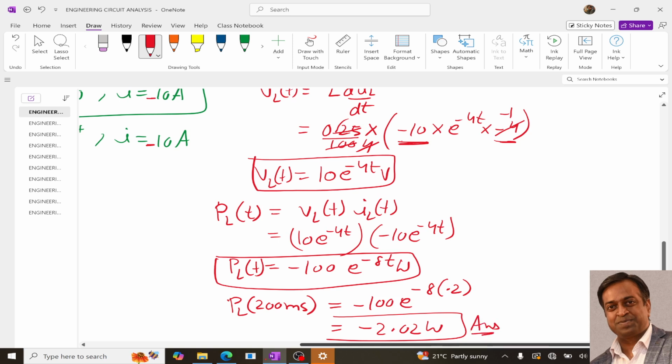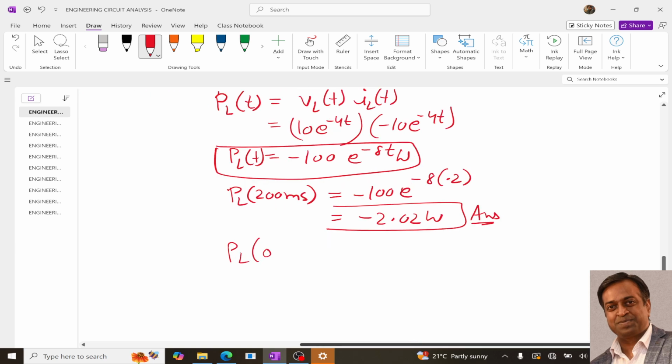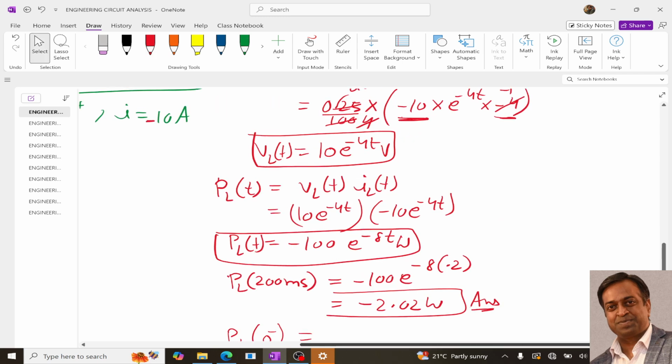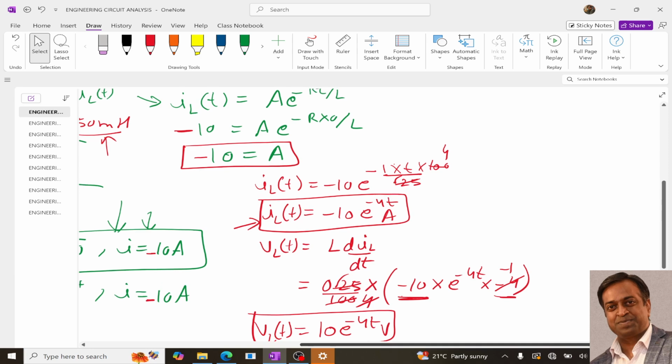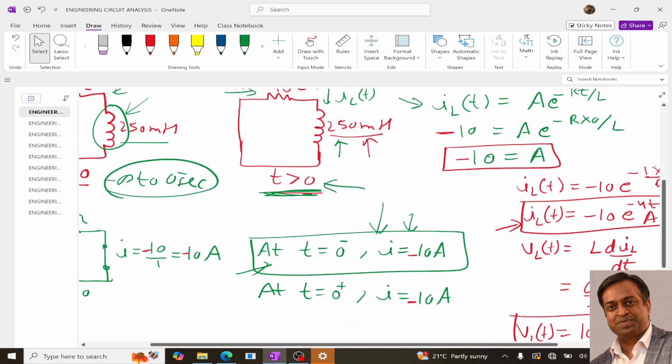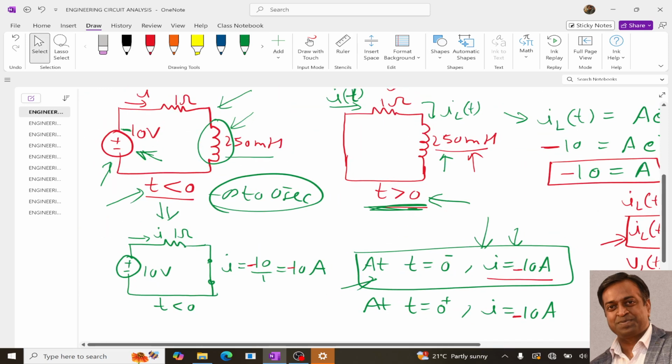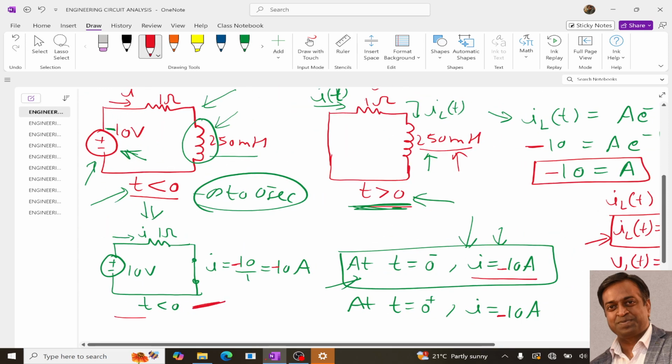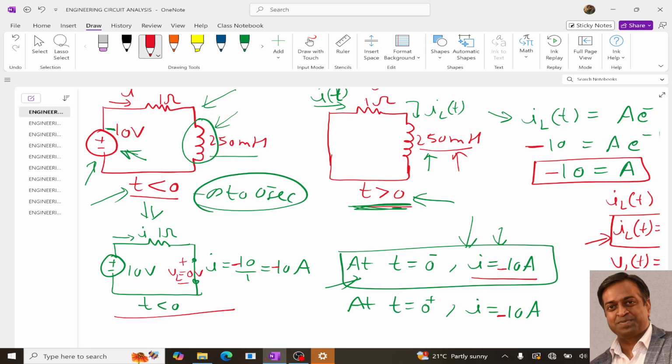Second answer, we need to determine the pL at 0 minus. Now at 0 minus we know that the current is 10 ampere, right? And over here, as you can see in this diagram, at 0 minus this vL is 0 volt since it is short circuit.